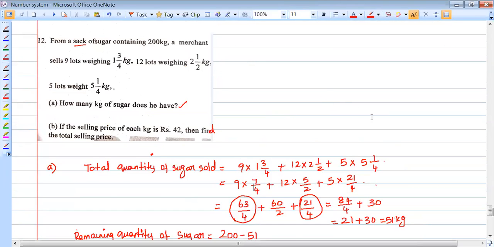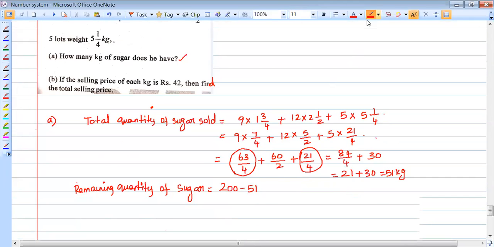Now he sold 51 kg of sugar. Then what is the remaining sugar? Remaining quantity of sugar is 149 kg. Very good.